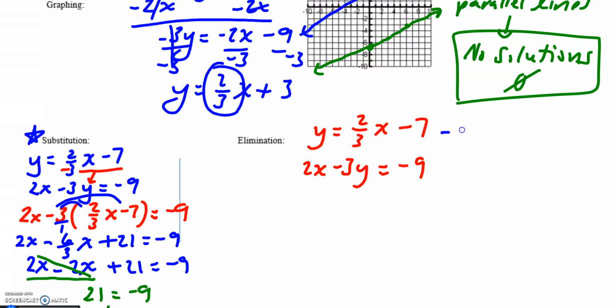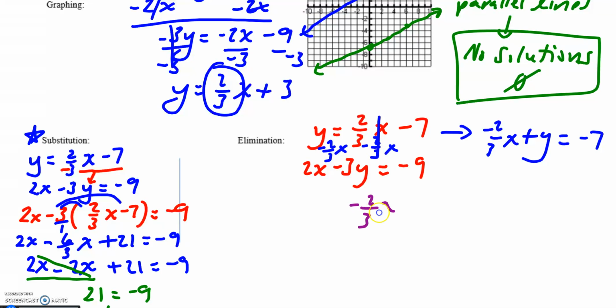But if I take this first equation and I subtract my 2/3 x to the other side, this first equation would become negative 2/3 x, the y is still positive, so plus y equals negative 7 on the other side. So if I write these more neatly, negative 2/3 x plus y equals negative 7, and then I recopy the one in red, 2x minus 3y equals negative 9.